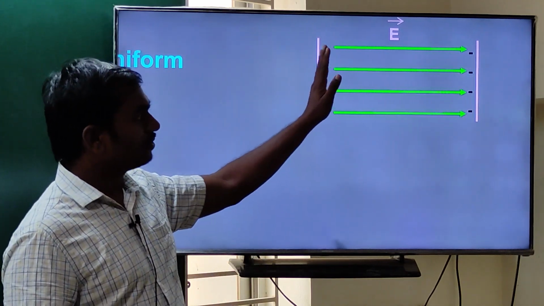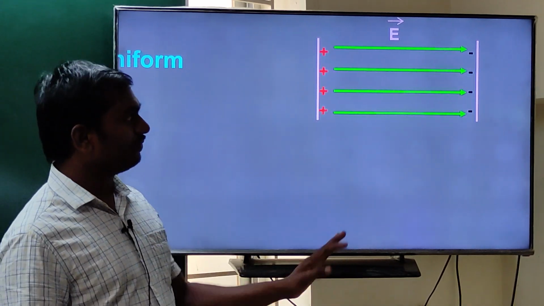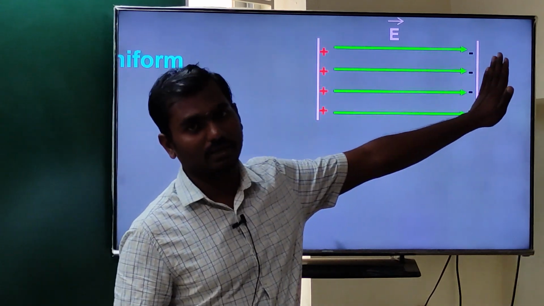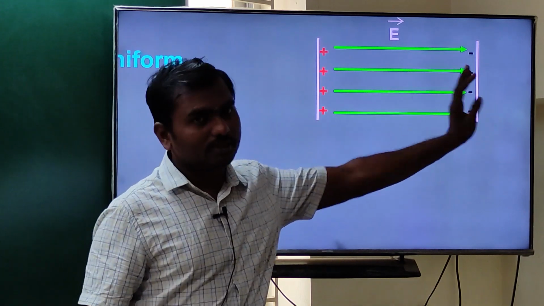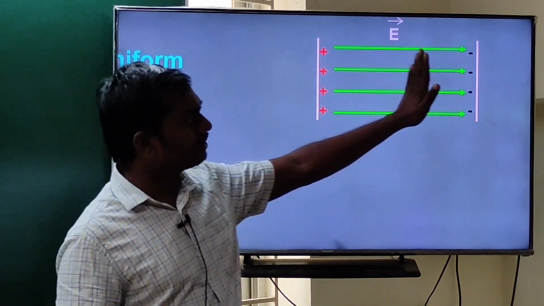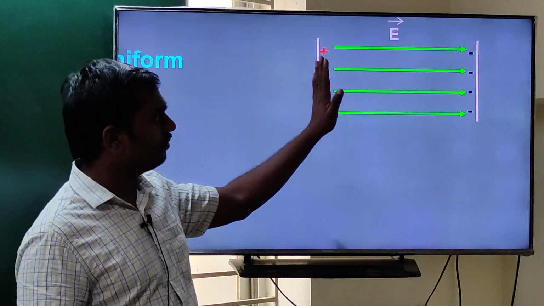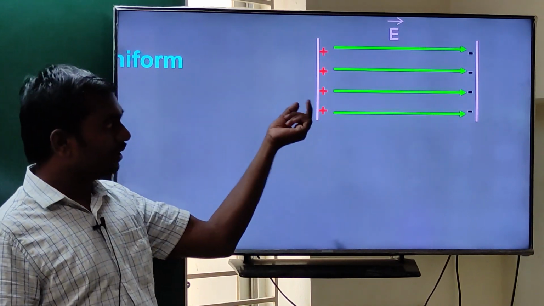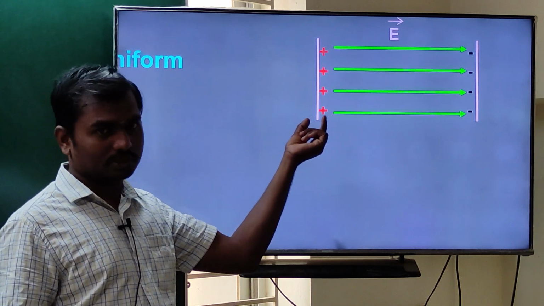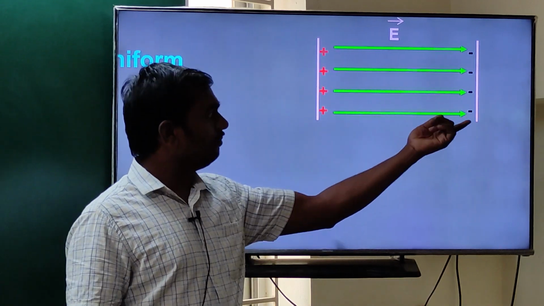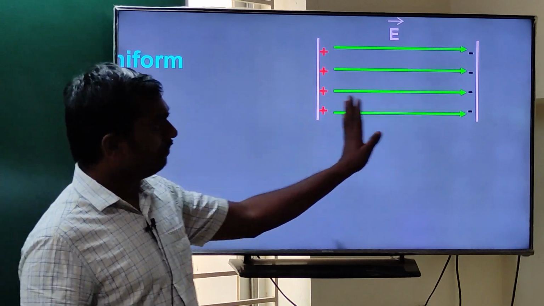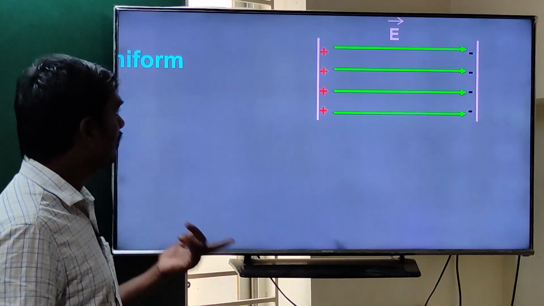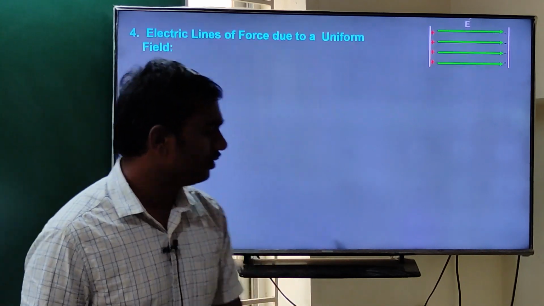A uniform electric field, simply, is the separation of positive and negative charge, which exerts the field, and the directional representation is called electric field lines. If we maintain uniform positive charge and uniform negative charge at some distance, then in between that distance we have the uniform electric field. So this is the representation of uniform electric field.